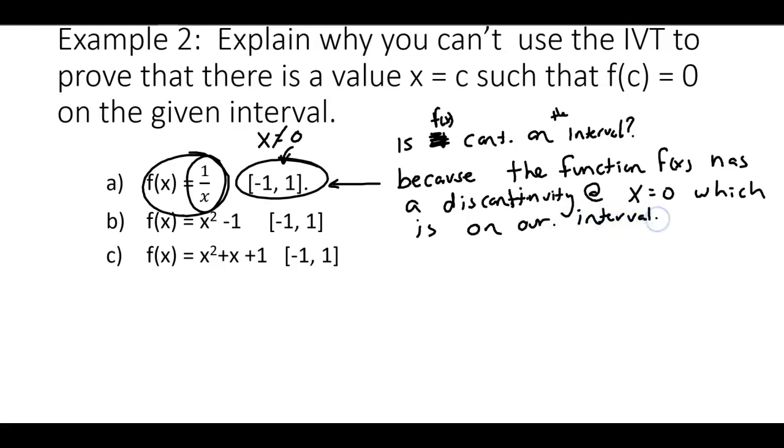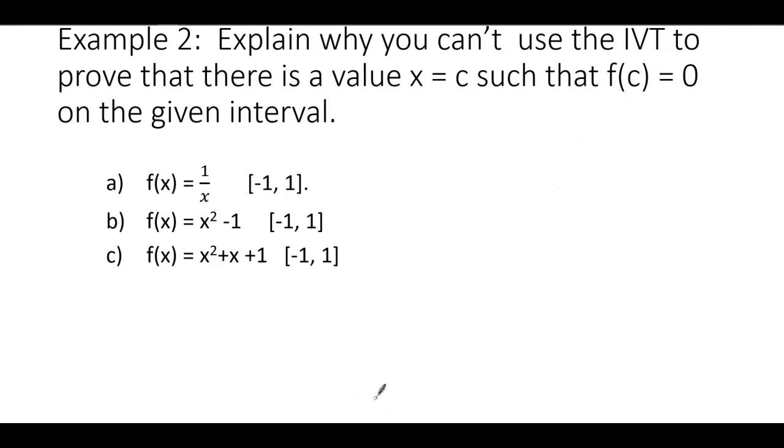So you can't use the intermediate value theorem because we have a discontinuity on the interval that we care about. So we can't be too sure that any y value would specifically exist because the one y value I'm trying to find, what if that one y value would be right where that hole was at? So we can't be sure that any specific y value exists on that interval because of that.